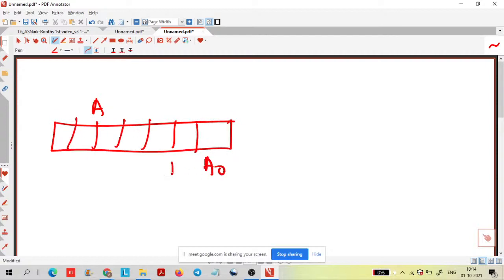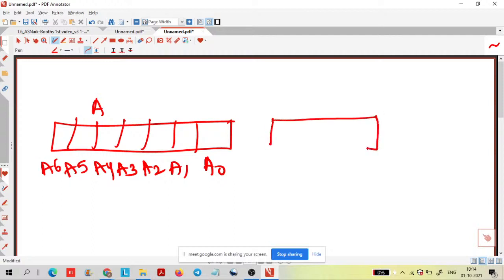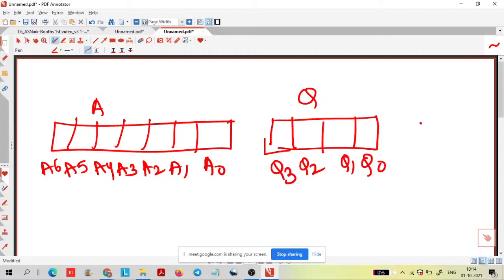This is the accumulator, a0, a1, a2, a3, a4, a5, a6, we will store in this way. And this is the q register, q0, q1, q2, q3, and here one single bit register, that is q minus 1.